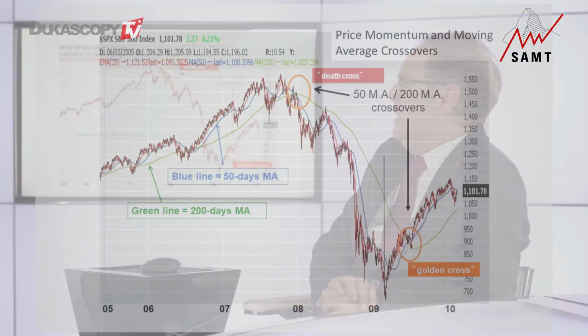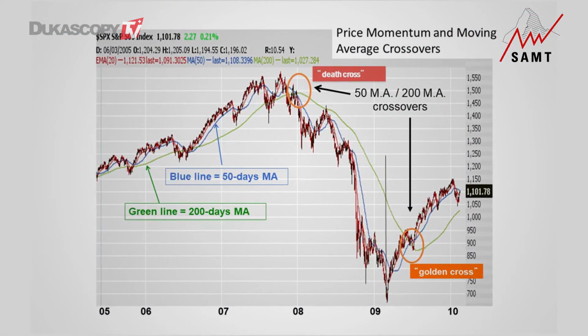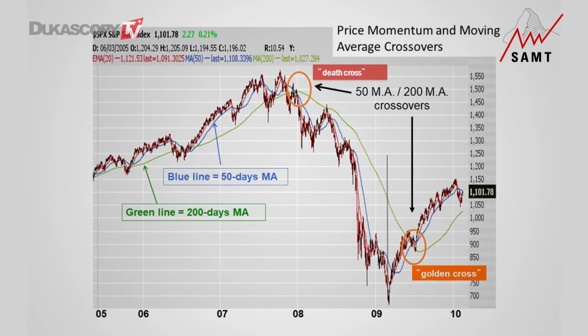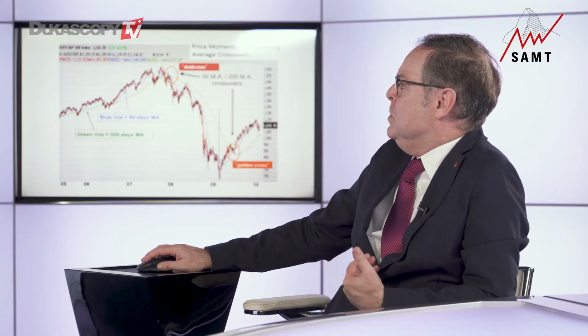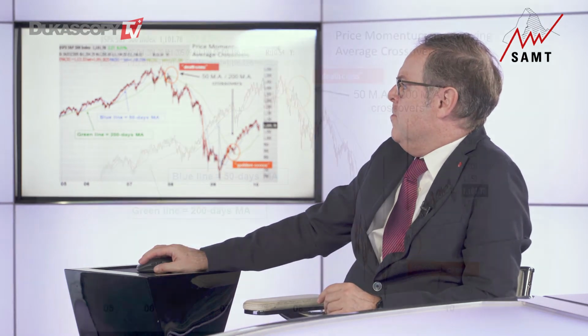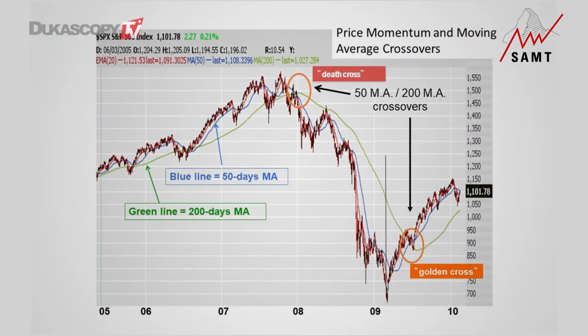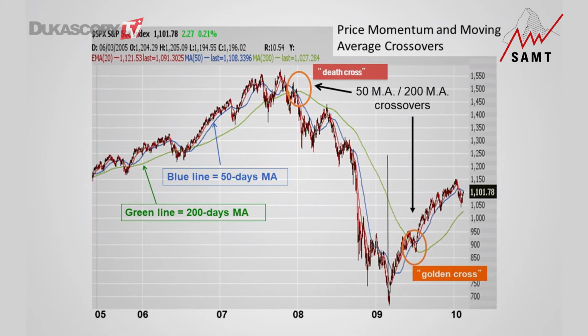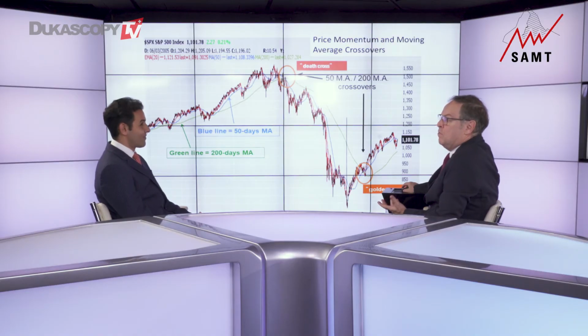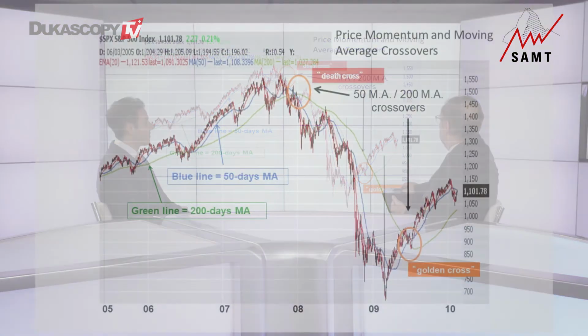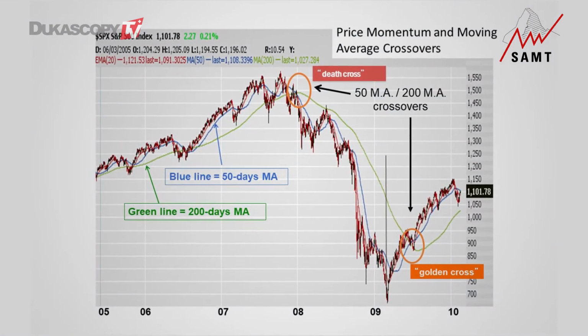Exactly. Talking about leading signals, the crossovers of the 50-day and 200-day moving averages can be used to make long-term decisions. Before the financial crisis of 2008, we had what's called the death cross, when the 50-day moving average of the price of the S&P went below the 200-day moving average.